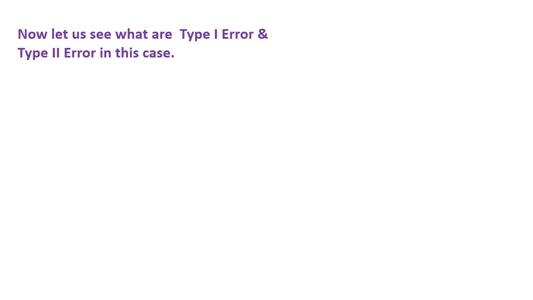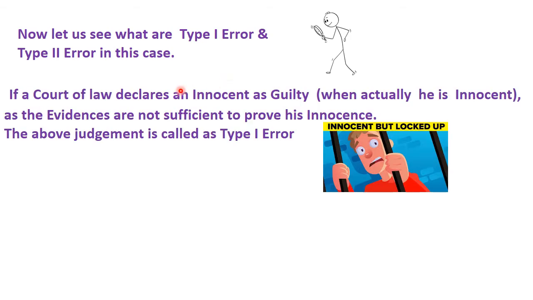Now let us see what are the type 1 and type 2 errors in this case. If a court of law declares an innocent as guilty, when actually he is innocent, as the evidences are not sufficient to prove his innocence, the above judgment is called type 1 error.